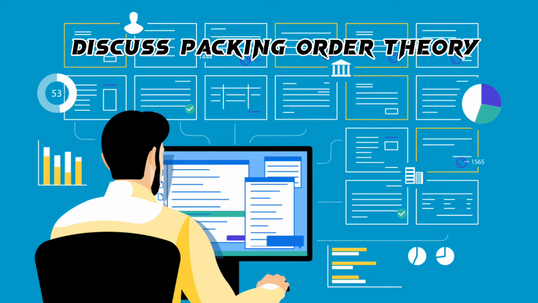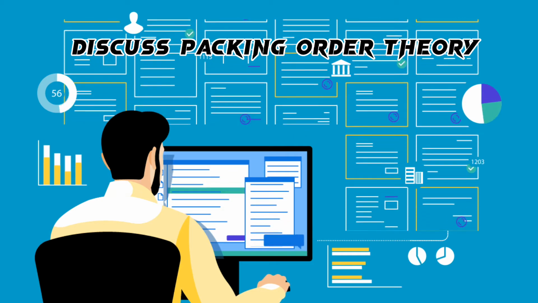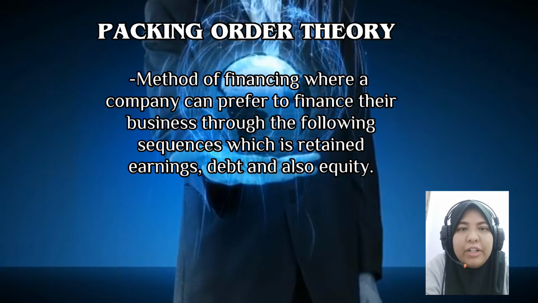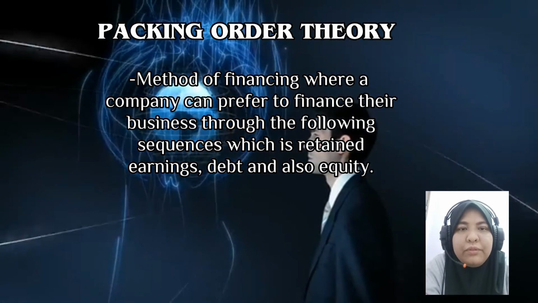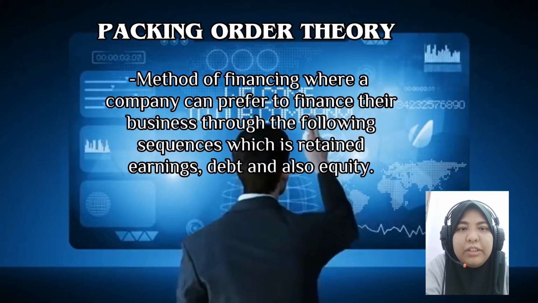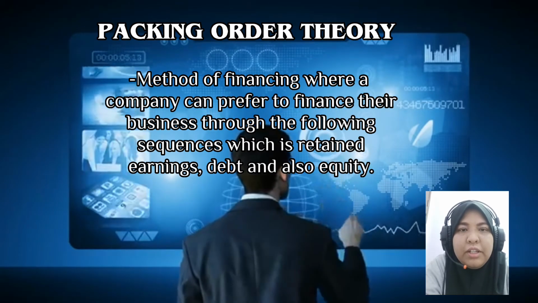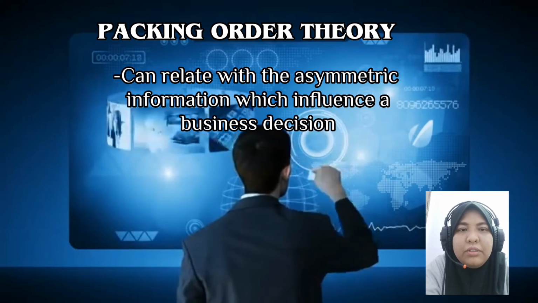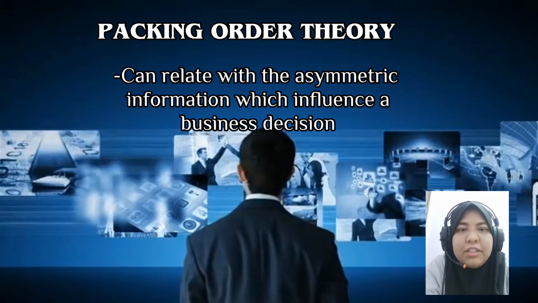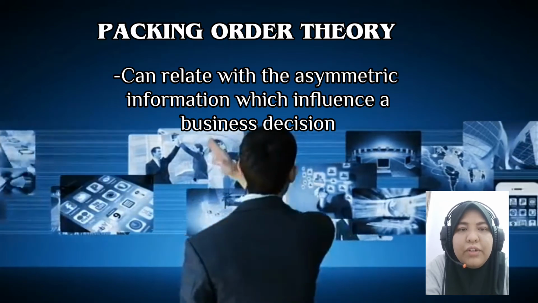Discuss pecking order theory. The pecking order theory is a method of financing where a company prefers to finance their business through the following sequence: first retained earnings, then debt, and then equity. This theory can also relate to asymmetric information, which influences a business decision to choose a method of financing.